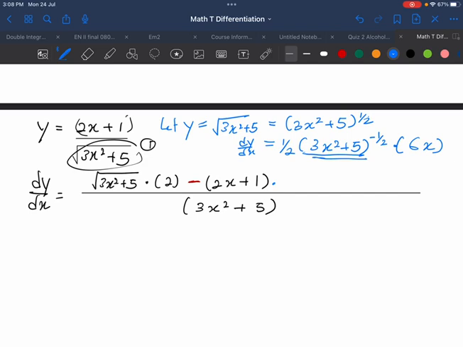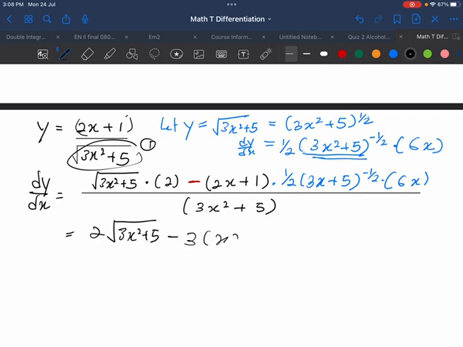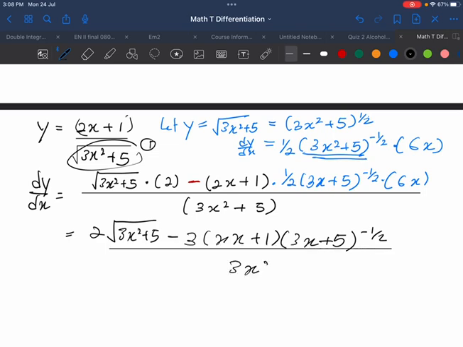And you copy it down here, you will get half (3x squared plus 5) to the negative half times 6x. Then you can further simplify it. You get (3x squared plus 5) squared minus half times 3, we get (2x plus 1)(3x squared plus 5) to the negative half over (3x squared plus 5) squared. So here is the answer.